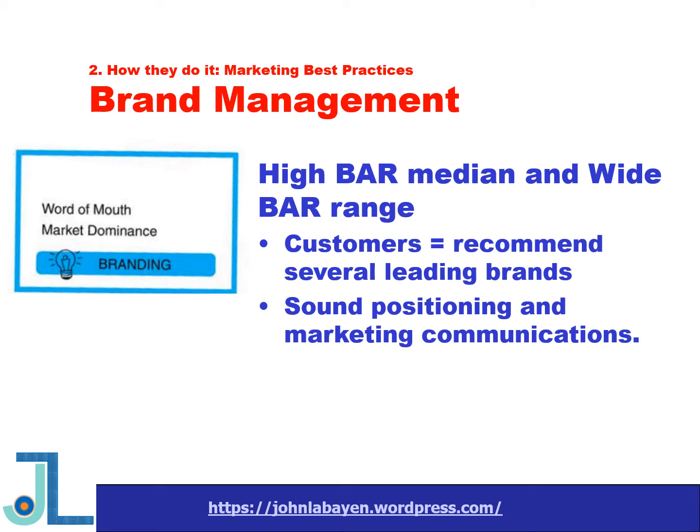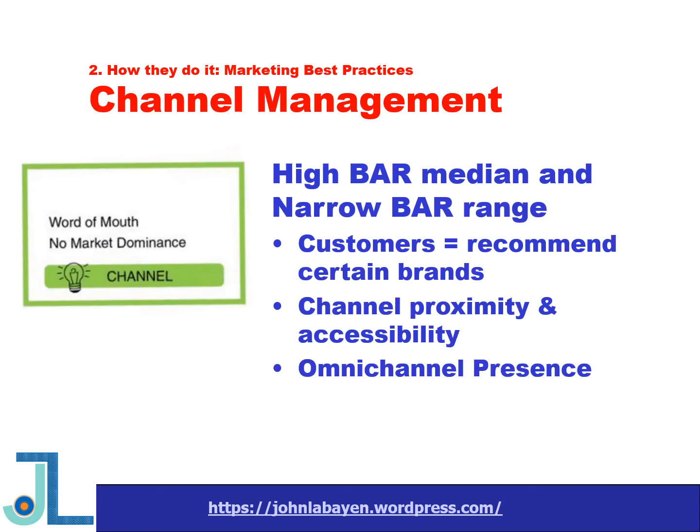So again, FMCG categories epitomize this group. Marketers may learn best practices of brand management from leading FMCG companies such as Procter & Gamble as well as Unilever. So the next best practice is channel management.